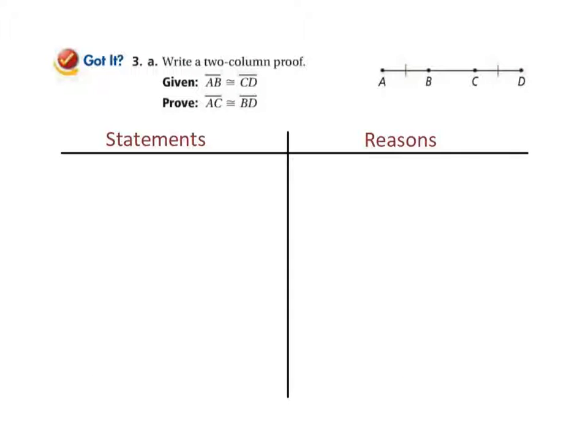All right, so here you're on your own. You've got statements and reasons. It says you're supposed to do it, but I'll do it with you. It's your first one, so let's do it together. I'm going to start off by putting in my given statement. That's how you always begin. Segment AB is congruent to segment CD, and that's given. Now, they had the picture marked, this little segment, same as this little segment. What I'm trying to show is that AC, this piece, is congruent to BD, right here.